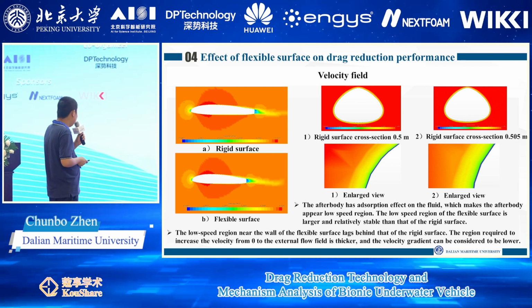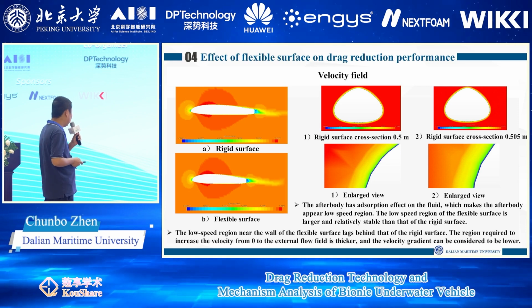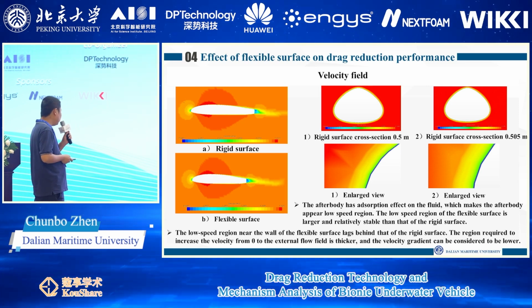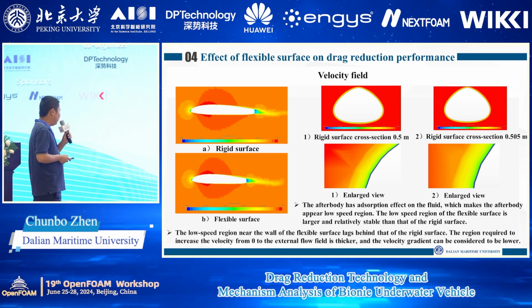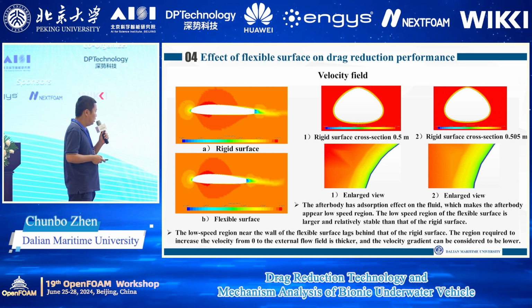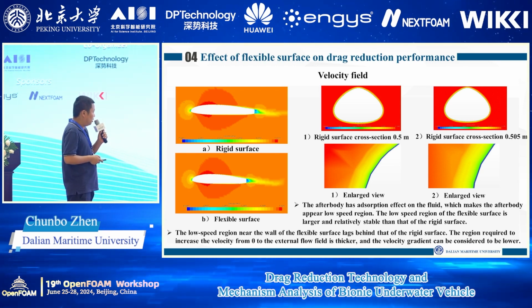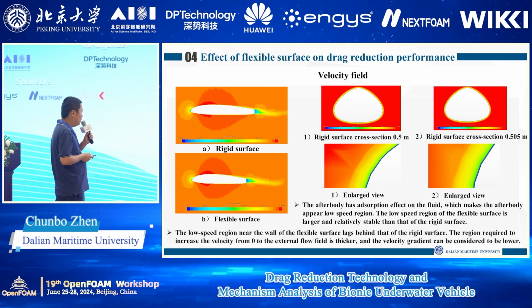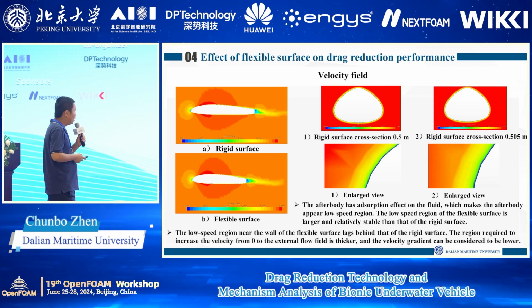The region required to increase the velocity from 0 to the external flow field is thicker, and the velocity gradients can be considered to be lower.